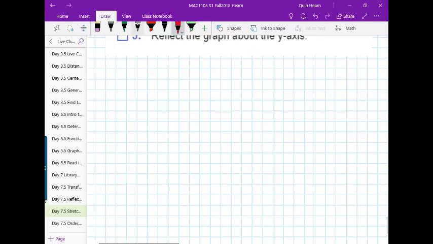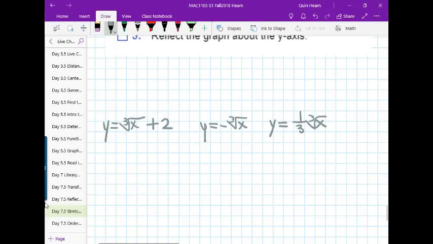I'm going to jot down a few functions: y equals cubed root of x plus 2, y equals negative cubed root of x, y equals 1/3 cubed root of x, and y equals the cubed root of 2x.